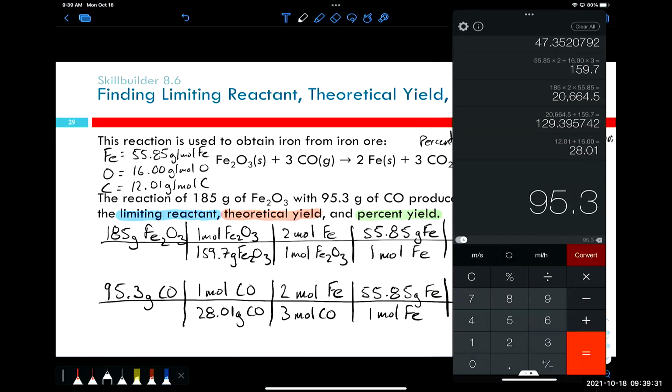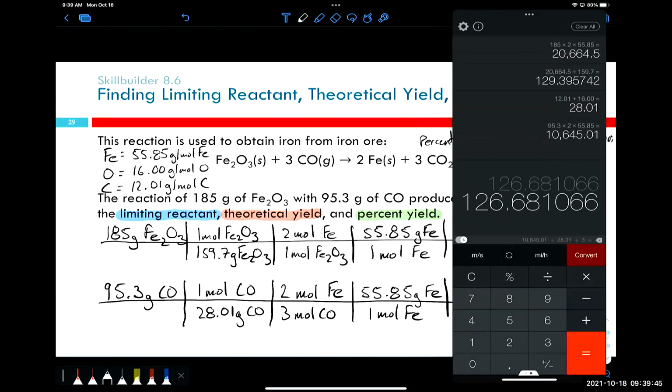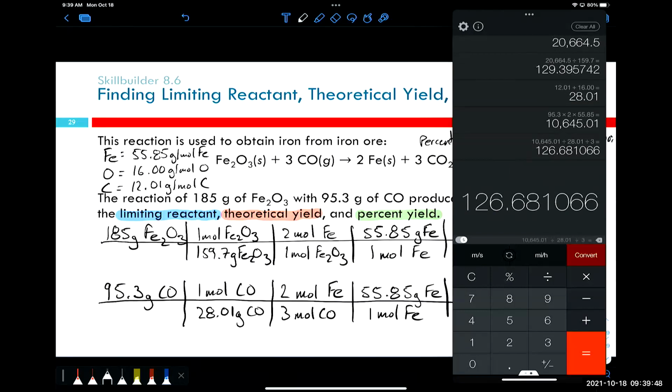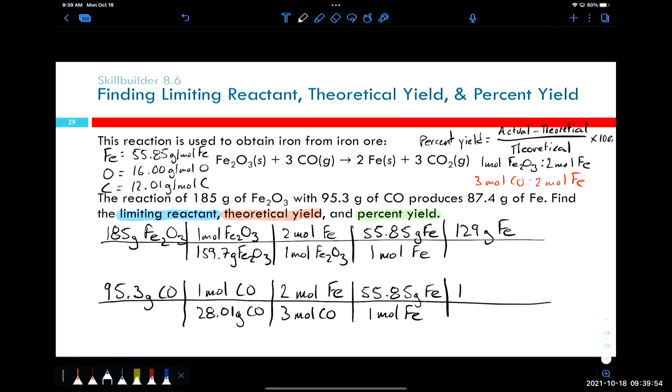That's 95.3 times 2 times 55.85 divided by 28.01 divided by 3, which will give us 127, rounding up there, grams of iron.